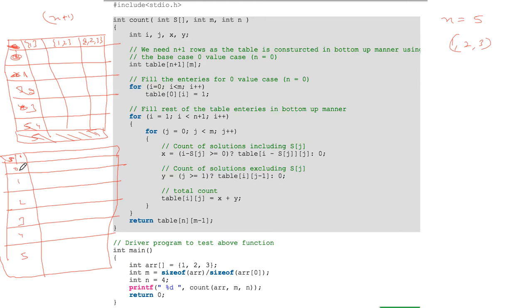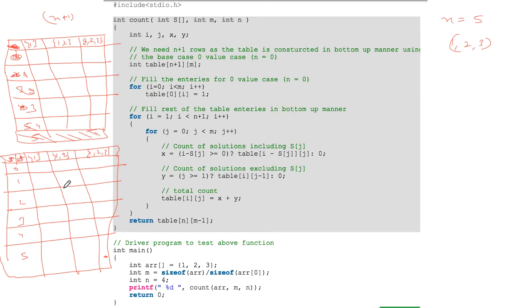This is my sum, and this is my set. The set will be only 1, 1 comma 2, and 1 comma 2 comma 3. This will be my final solution. If I can populate my array, this is where my final solution will be.